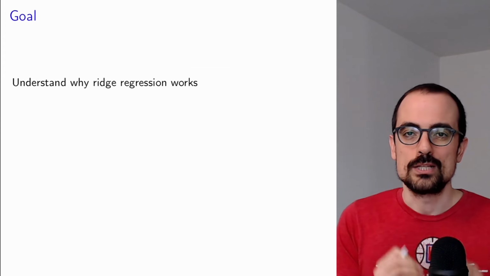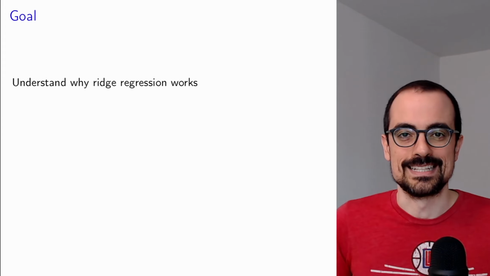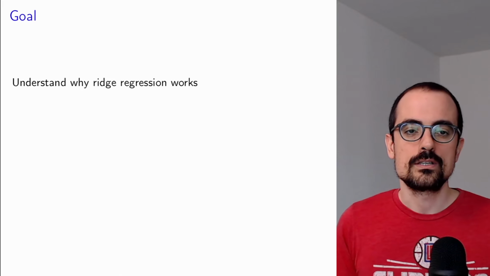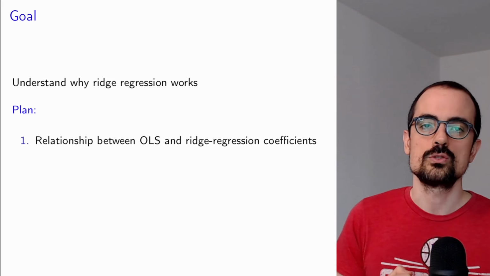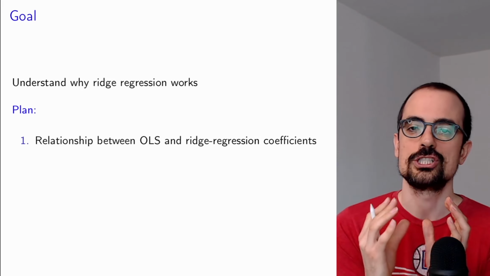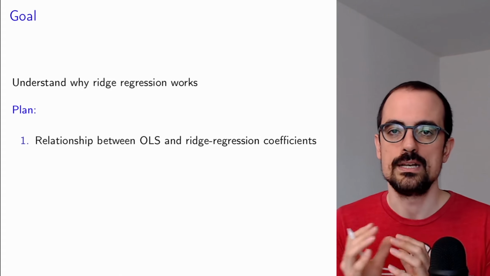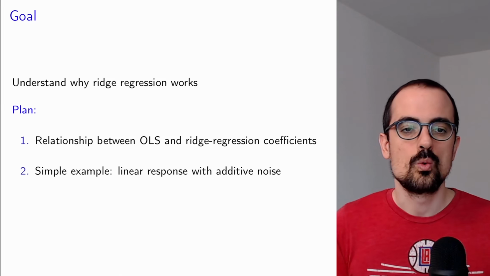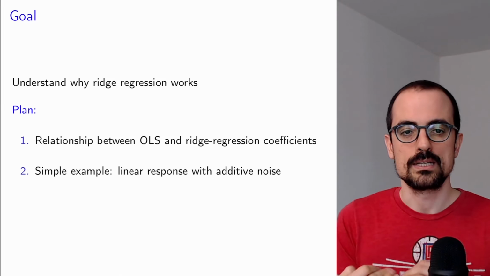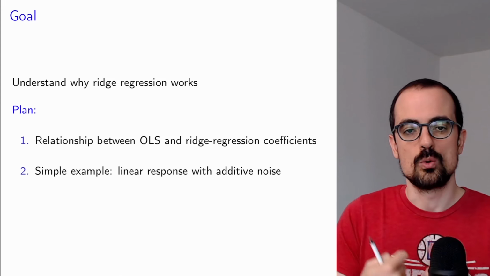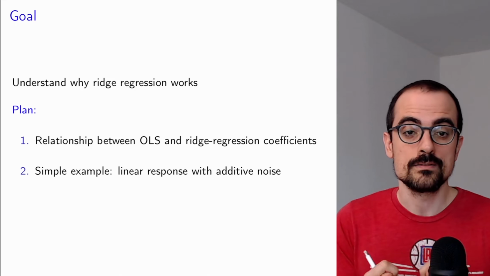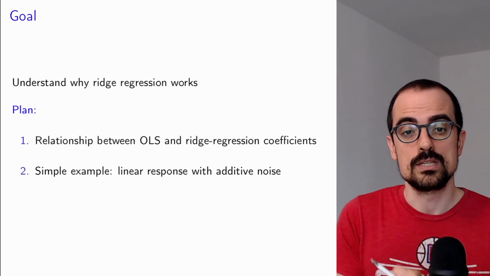Now we're going to try to understand why that is the case. And we're going to do this in 3 steps. First, this is the plan. First, we're going to derive the relationship between the ordinary least squares and the ridge regression coefficients. Then we're going to work through a simple example that is going to show us why ridge regression is very effective using a linear response with additive noise.